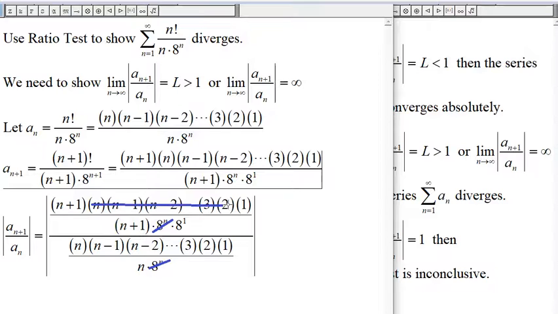And then all of this will cancel out with all of this. So what's left? And then we can also cancel this n plus 1 with this right here. So nothing left on the top, so it means 1. And then the bottom we have nothing here, so it'll be 1 divided by 1 over n.